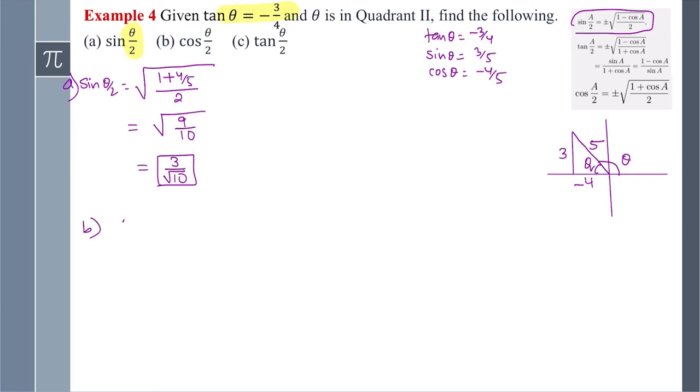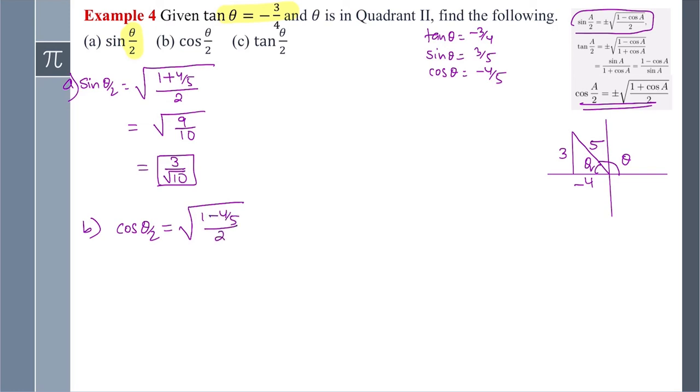Similarly, the second one is cosine theta over 2. We'll use the half angle identity for cosine. Again, it's in the first quadrant, so it's positive, so it is the square root of 1 plus cosine theta, but cosine is negative 4/5, so this becomes 1 minus 4/5, divided by 2.